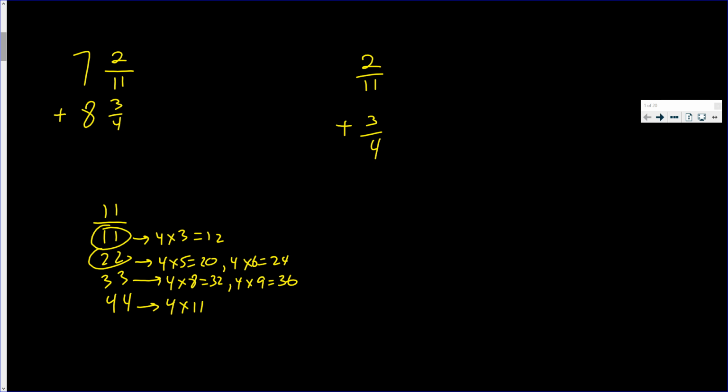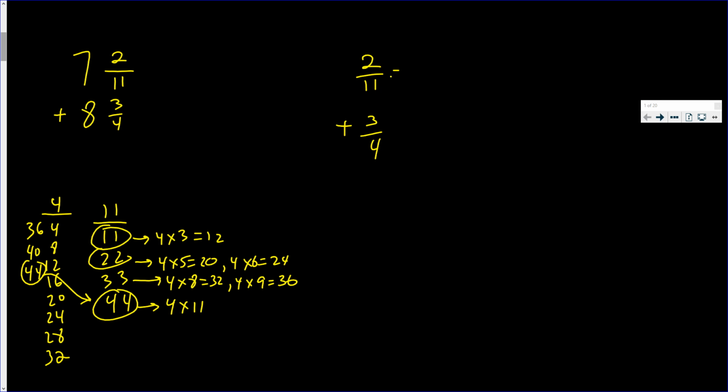So this number is on the 4 table. You don't believe it? You can write it out. 4, 8, 12, 16, 20, 24, 28, 32, 36, 40, 44. 44 is the first number on both lists.